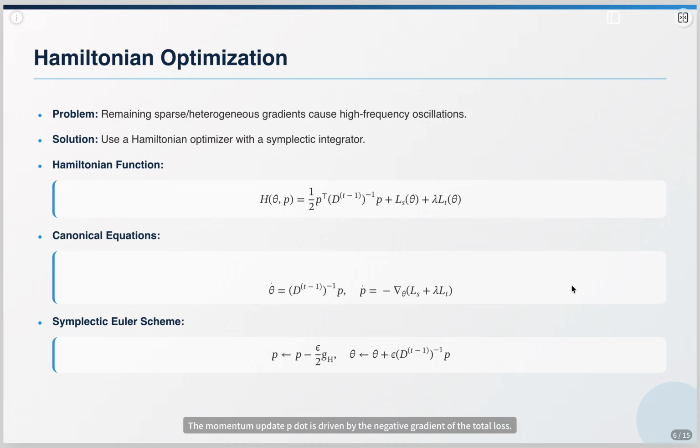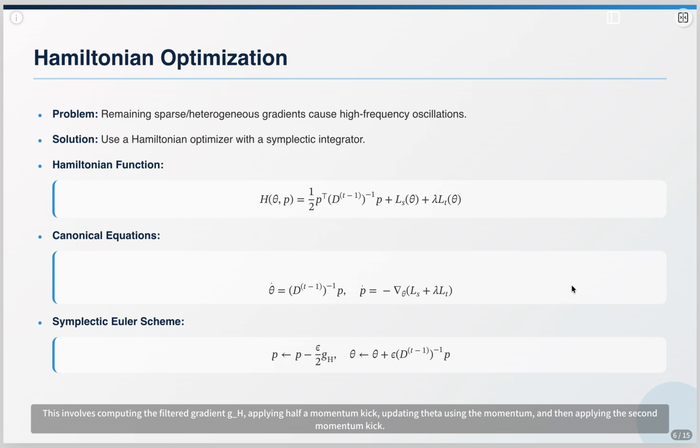The momentum update p-dot is driven by the negative gradient of the total loss. We implement this using a symplectic Euler scheme, specifically a kick-drift-kick step. This involves computing the filtered gradient g_H, applying half a momentum kick, updating θ using the momentum, and then applying the second momentum kick. This structure inherently preserves the geometric properties of the system and provides that crucial inertia to smooth out oscillations without adding extra computational cost beyond scaling the momentum blocks.